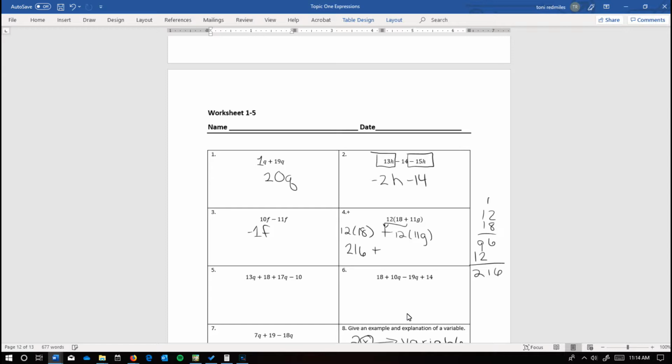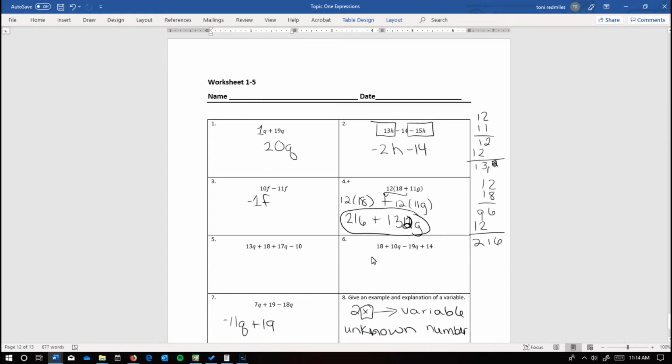All right, now let's multiply the next two. $134g. They're not like, so we are done. Oh, 132, sorry. My eyes went cross-eyed and added those two 2's together.